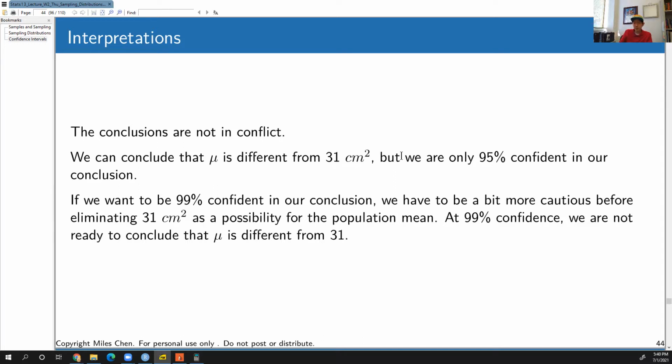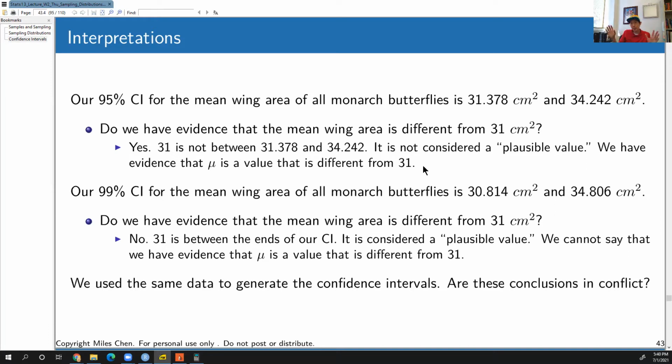And this is basically what's happening here. If you are okay with being only 95% confident, you're willing to throw away the possibility that the mean is 31, because you look at your interval and go, 31's outside of this thing. I'm willing to throw away that possibility. Someone who wants to be 99% confident is a lot more cautious and says, I'm not ready to eliminate 31 square centimeters as a possibility for the population mean.